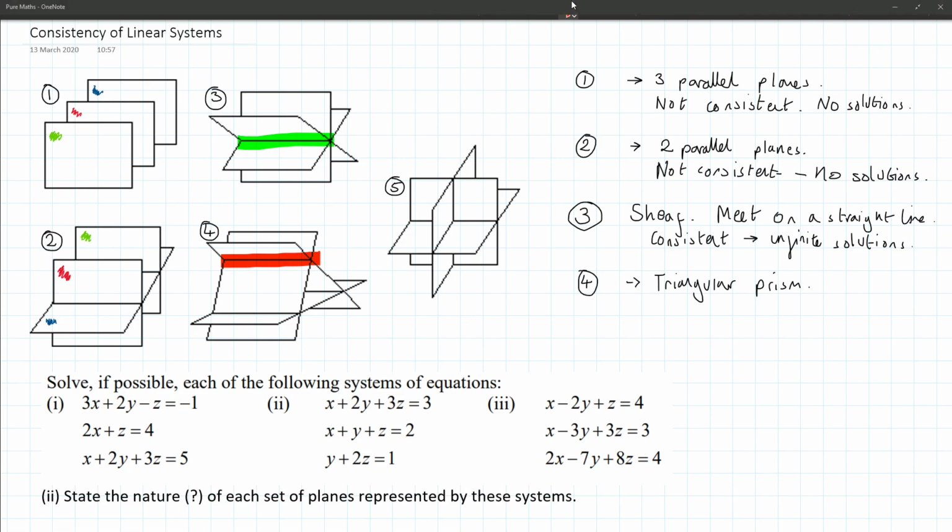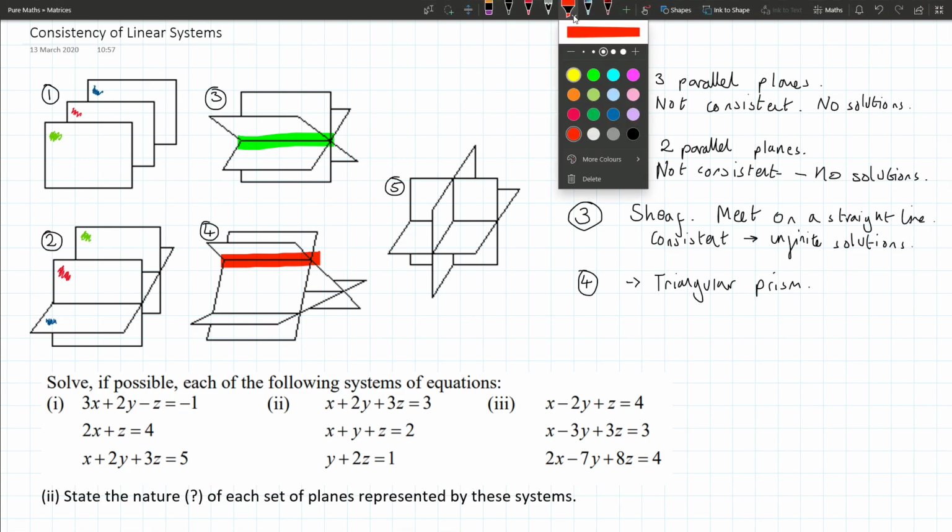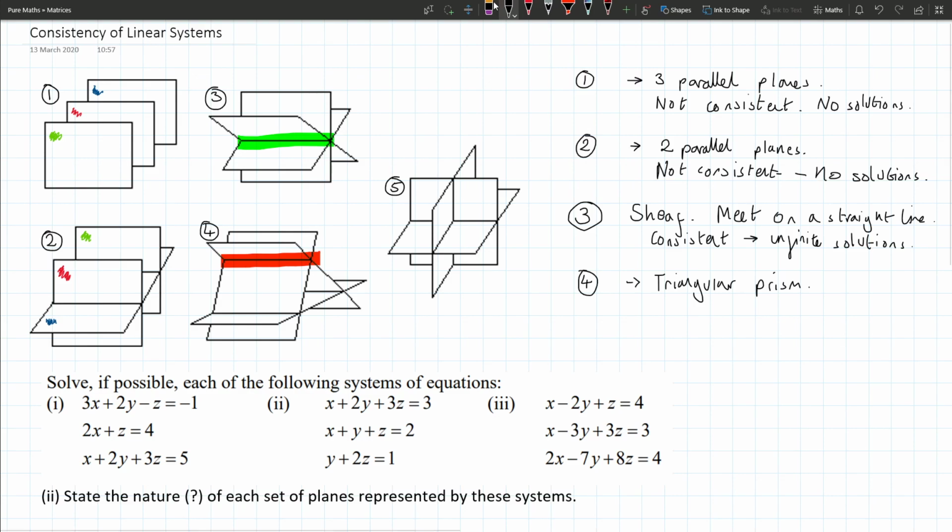So this actually would not count as a solution. It's just like in the other case as well. So it's a triangular prism, and again there's no solutions here. Because there's no solutions, we again say it's not consistent.